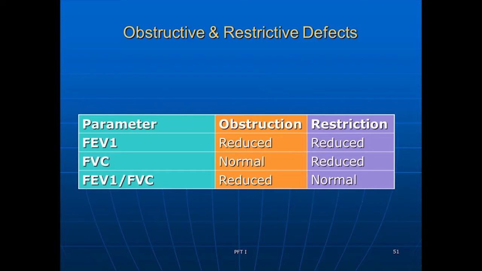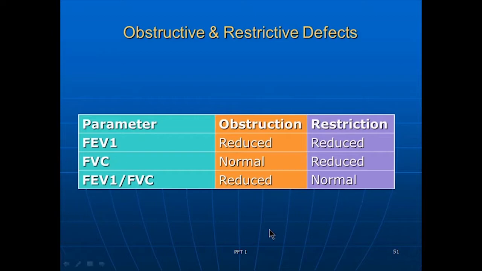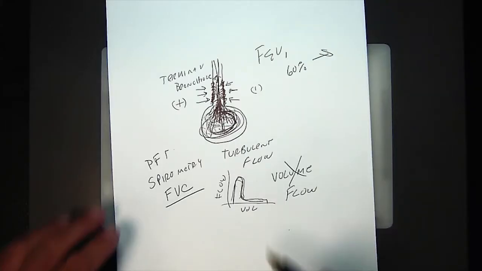because of the fact that during this forced expiratory volume, so again, if you look at your obstructive versus restrictive defects, in obstruction, their FEV1 is going to be decreased because they have a difficult time getting that volume out in 1 second because, again, of this.